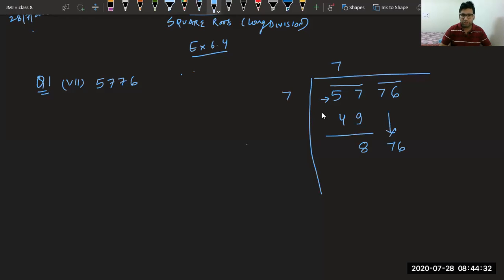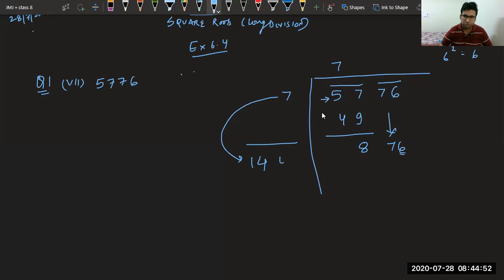We all know we have to double the divisor. It becomes 14. Now we have 876. The last digit is 6. We need a number which gives us 6 at the end. Possibilities are 4 or 6, because 4 square gives you 6 at the last and 6 square gives you 6 at the last.